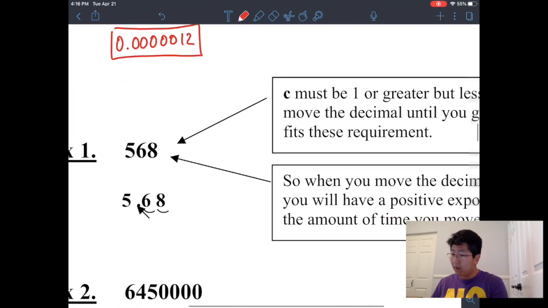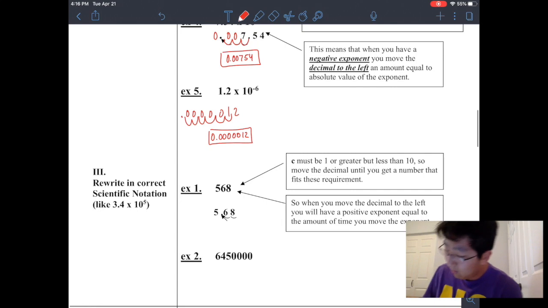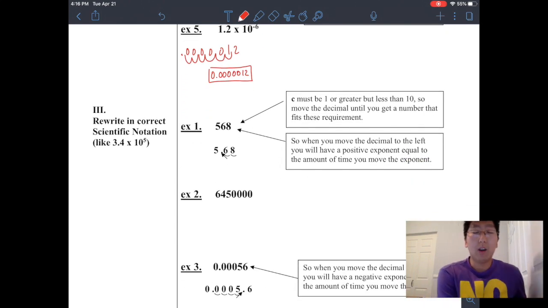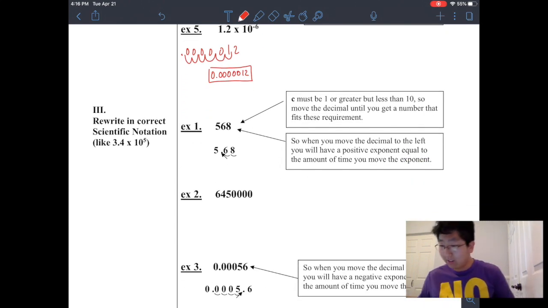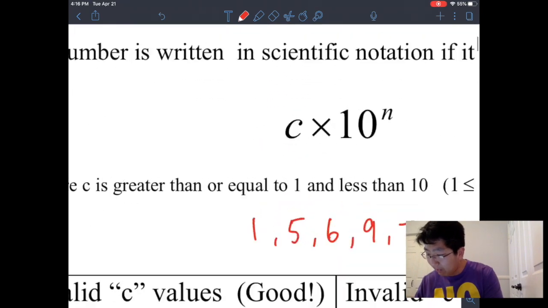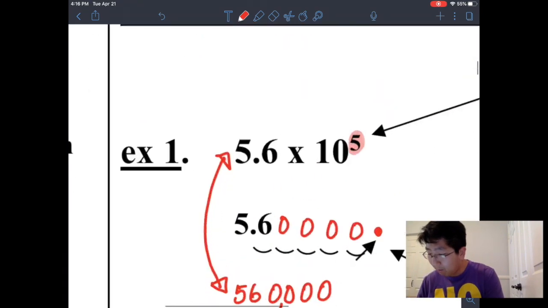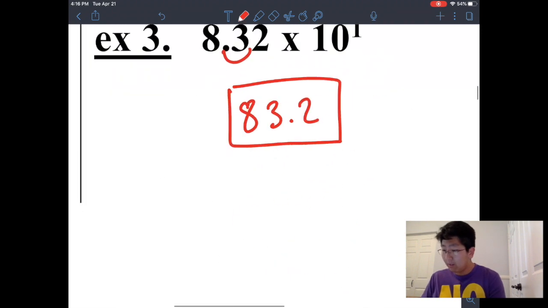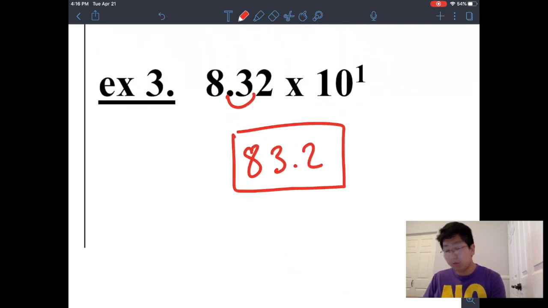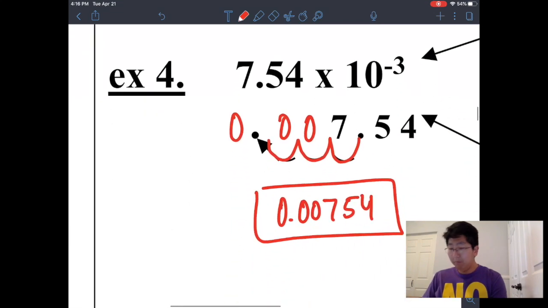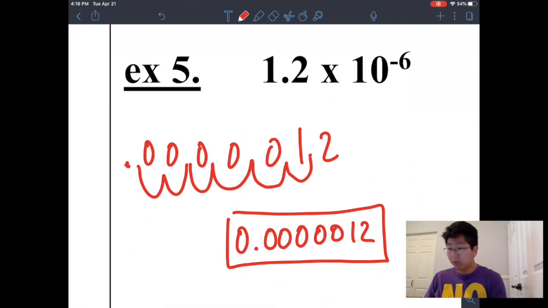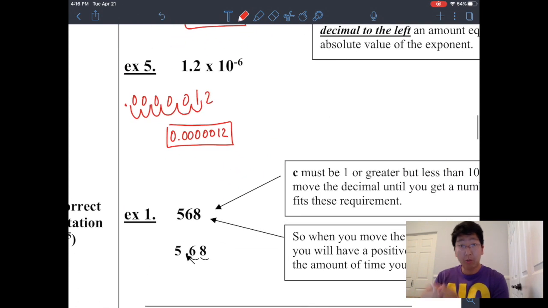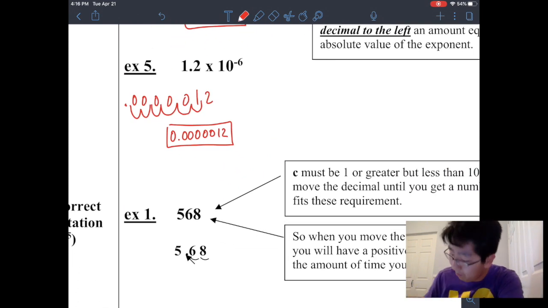Okay. Now, there will be questions where C, right, this first number that we're multiplying by, what's the C here? C here is 8.32, 7.54, 1.2. So our C is the number that we're multiplying times 10 to the whatever power.